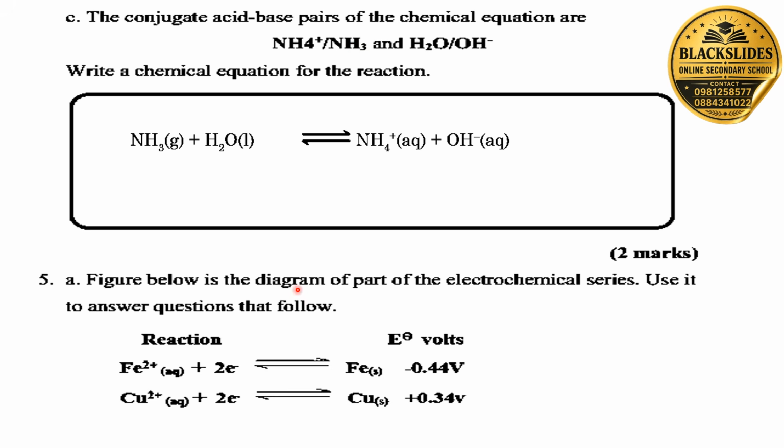Figure below is a diagram of part of the electrochemical series. Use it to answer question 34. So the first equation is showing the reduction of iron ions to form iron metal. And this is associated with a standard electrode potential, standard EMF.